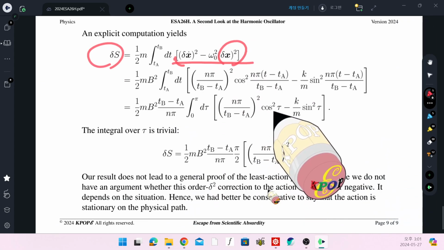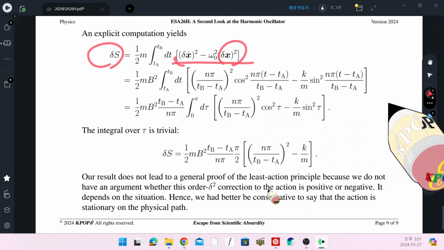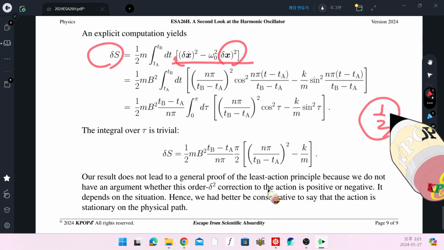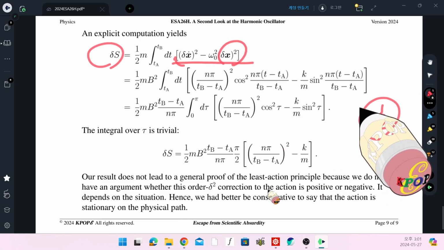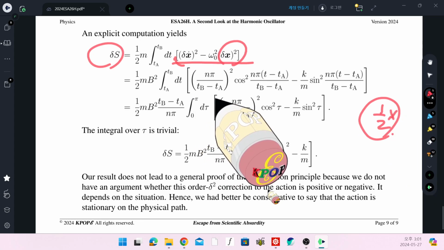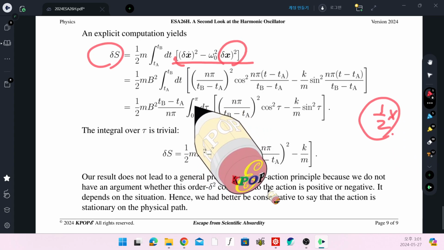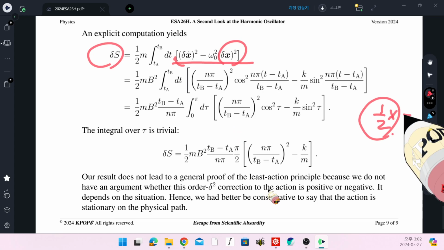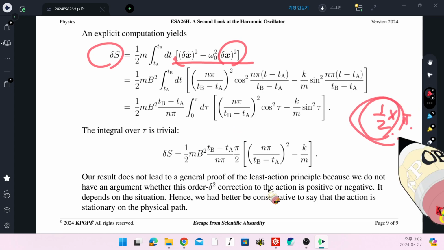The evaluation of sine squared and cosine squared is nothing but 1/2. But the interval is pi instead of 2 pi, so this is to be multiplied to evaluate the integral.